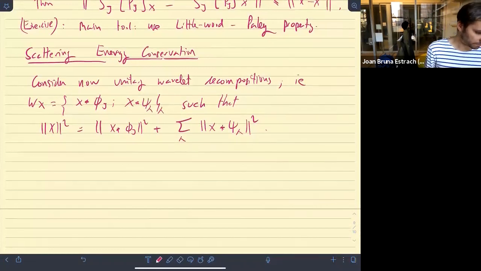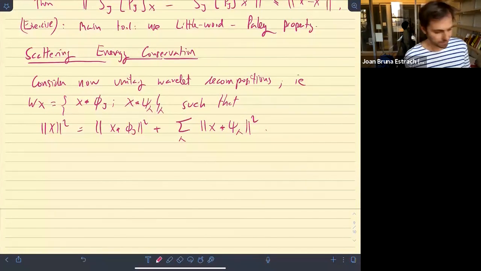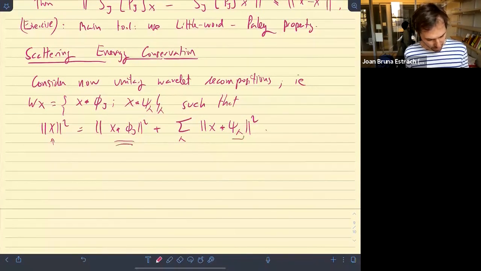Now think about what happens with the scattering energy. The first level of the scattering transform replaces x by this output, and then produces a bunch of signals.